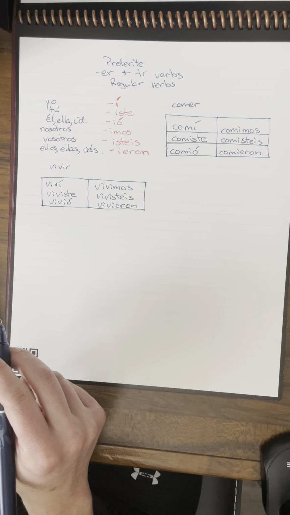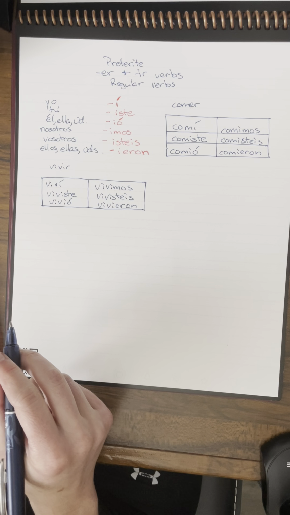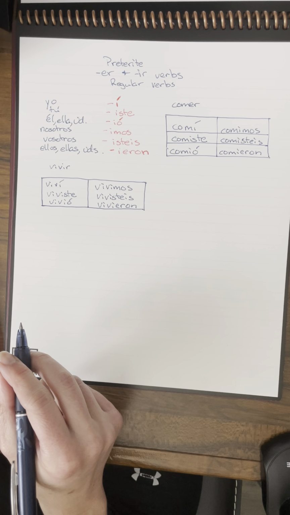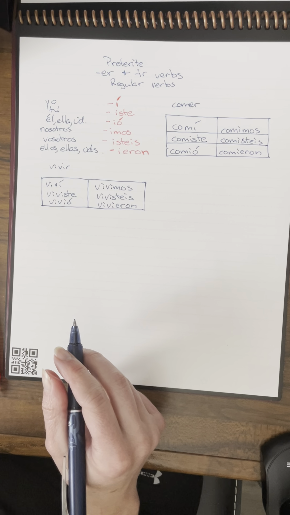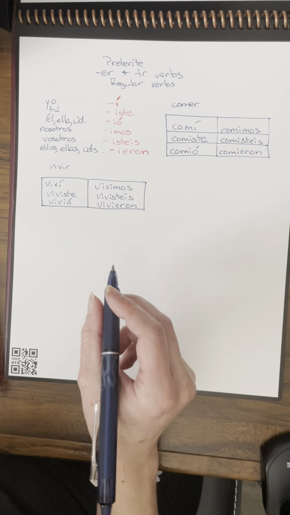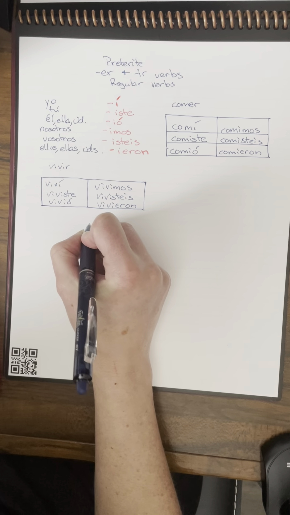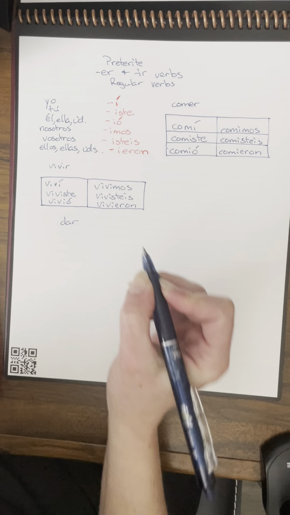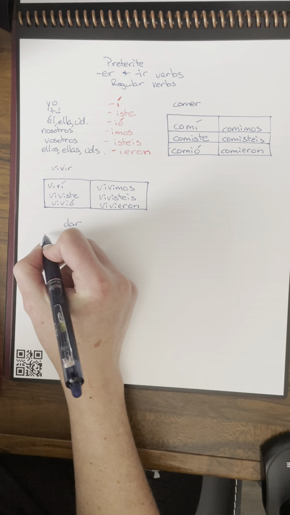Okay, so to extend a little bit on some of the verbs that you'll encounter, I'm going to jump to dar and ver. So just to watch for these. The ones above are regular verbs. But preterite is full of irregulars, more than probably any other tense.